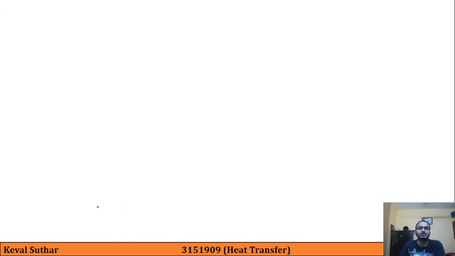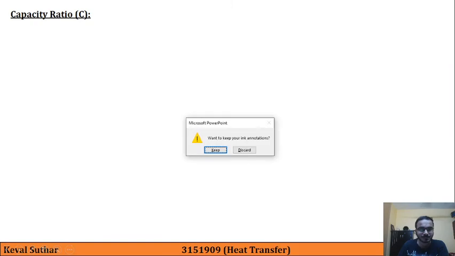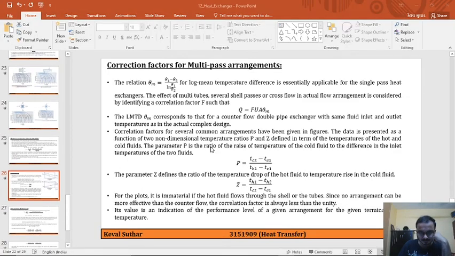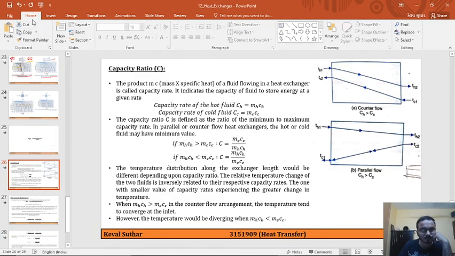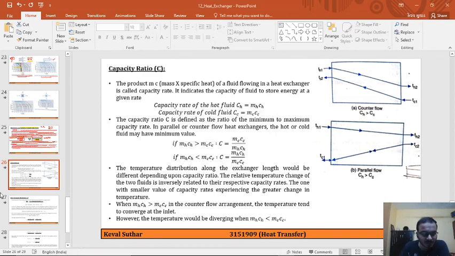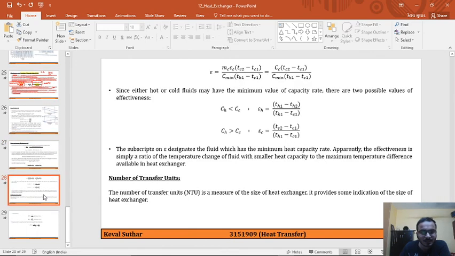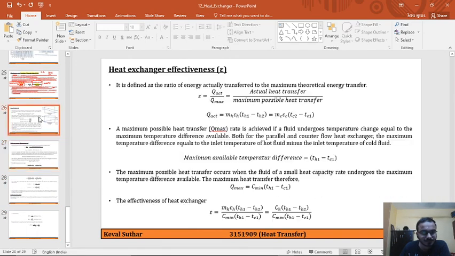And next our theory is capacity ratio, and this will be discussed in our next lecture. So in our next lecture we will be discussing capacity ratio, heat exchanger effectiveness, and number of transfer units.